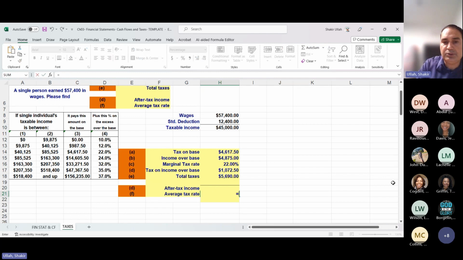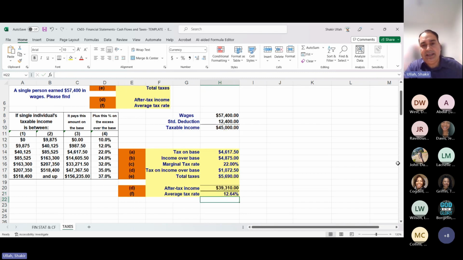That would be equal to his total tax liability, which is $5,690, divided by his taxable income, which is 45,000. If you do that, it comes out to be 12.64%. So on average, this person has paid 12.64% tax, even though the person is actually in the 22% tax bracket.